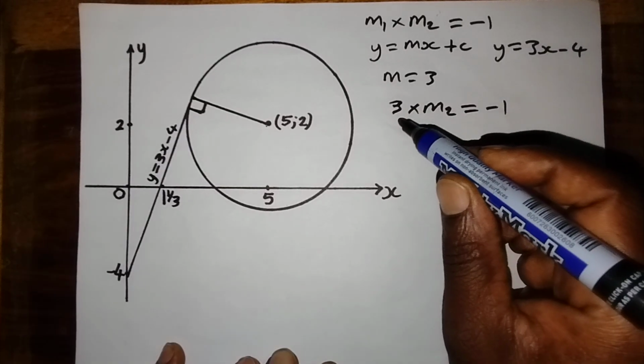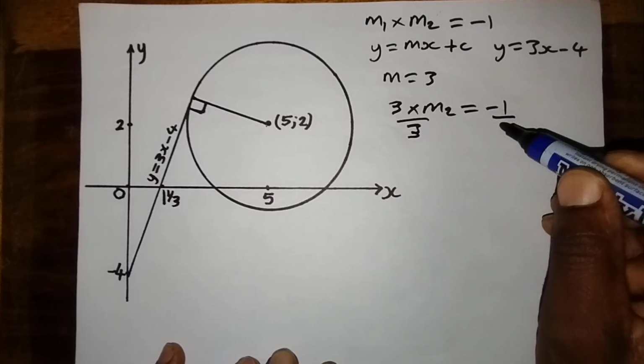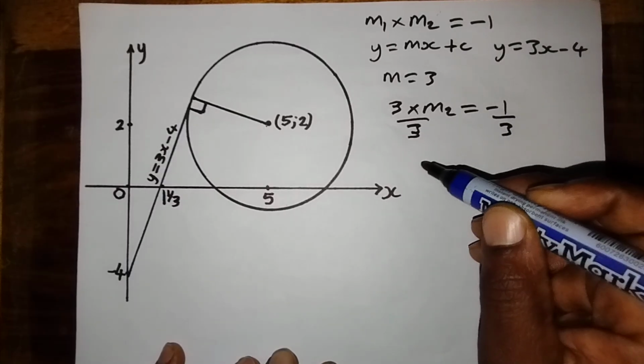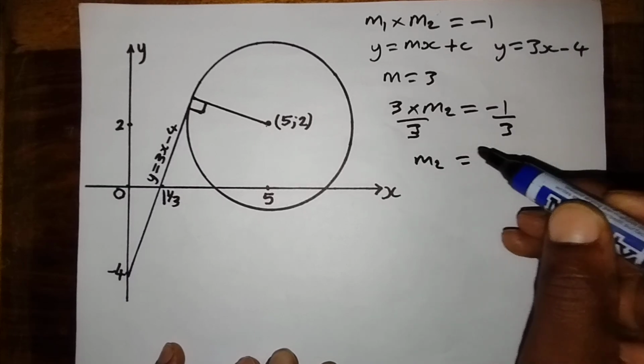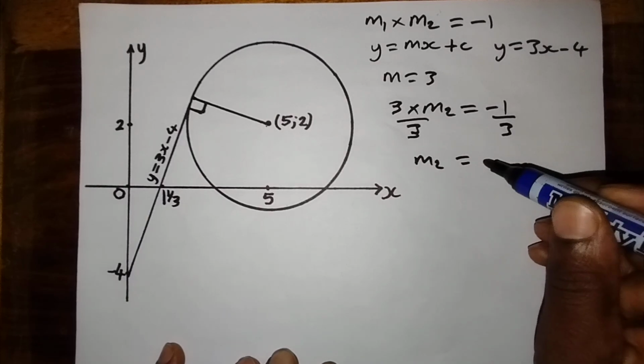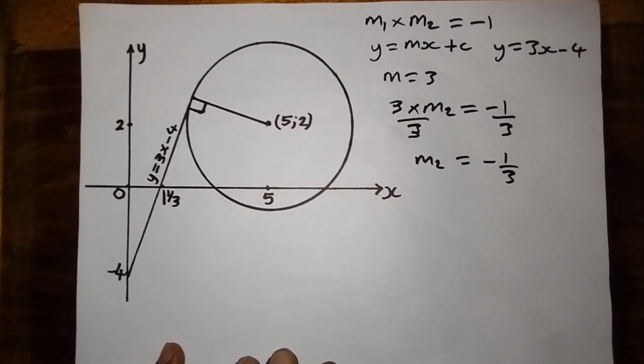Then we divide both sides by 3. So finally, the gradient m2 of the radius equals -1 over 3.